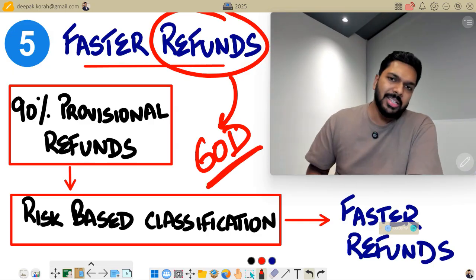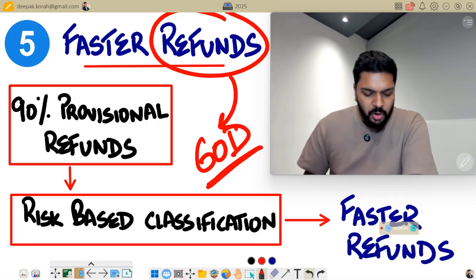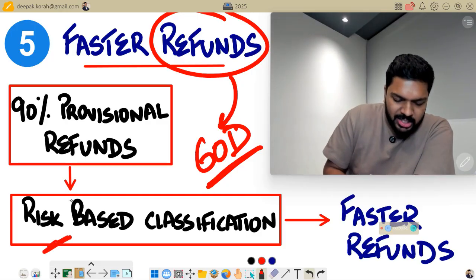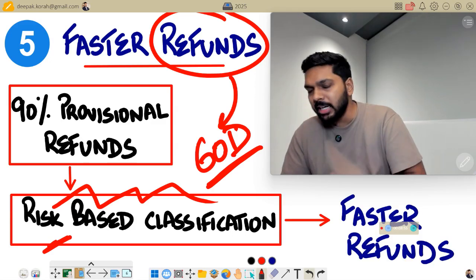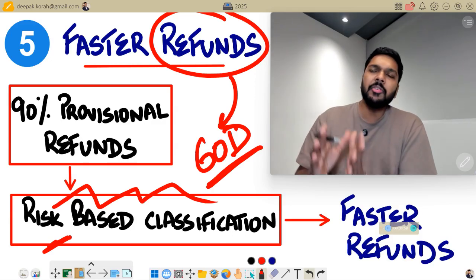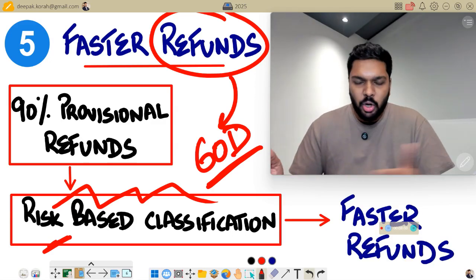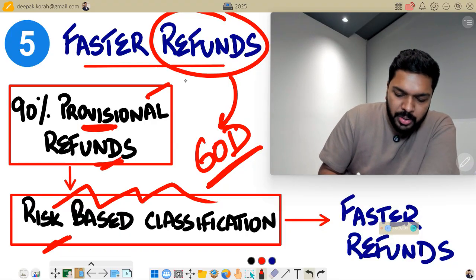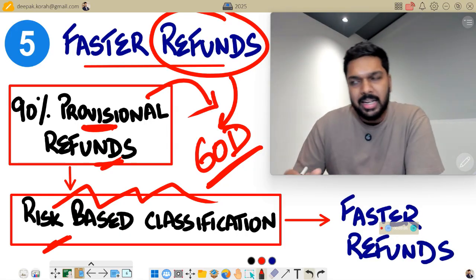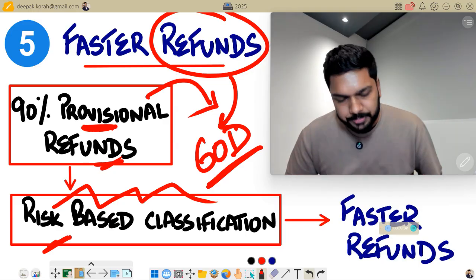But now what the government is saying is that, based on your risk profile, based on the risk-based classification criteria set by the CBIC and department, once you apply for refund of unutilized GST on your purchases, then 90% of the provisional refund will be disbursed to your bank account immediately within a span of 7 days.